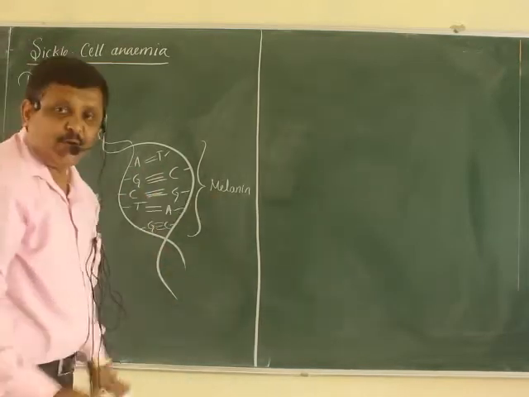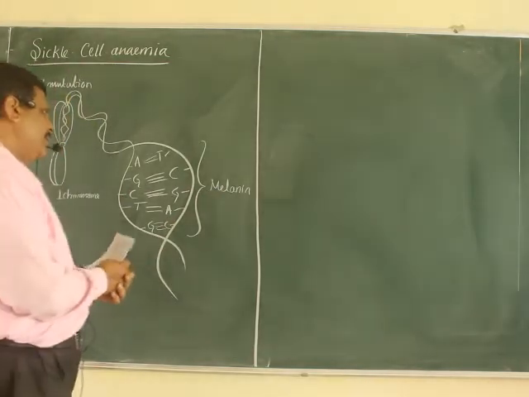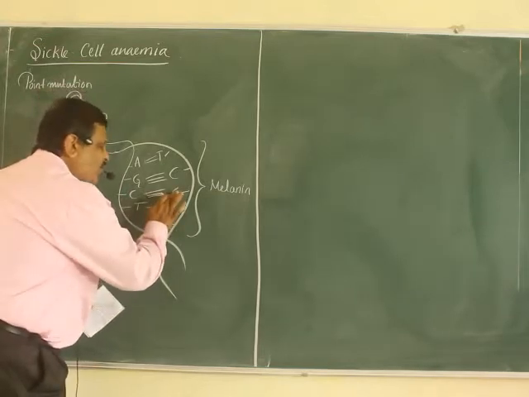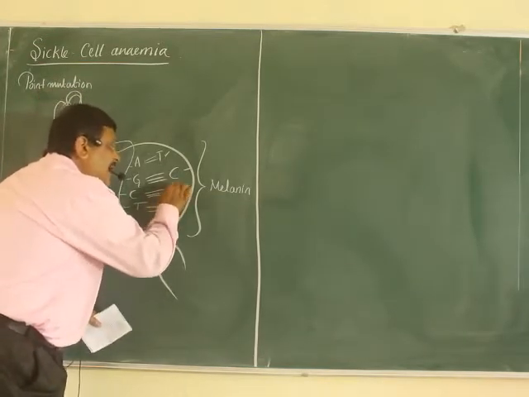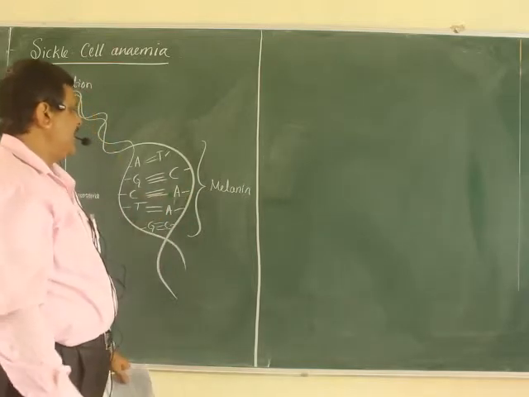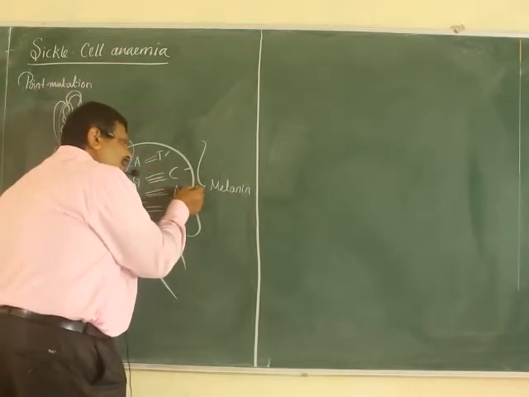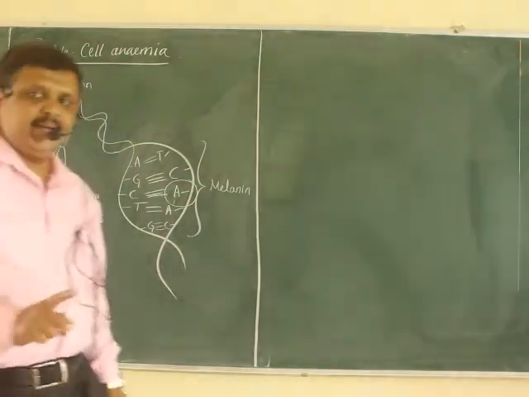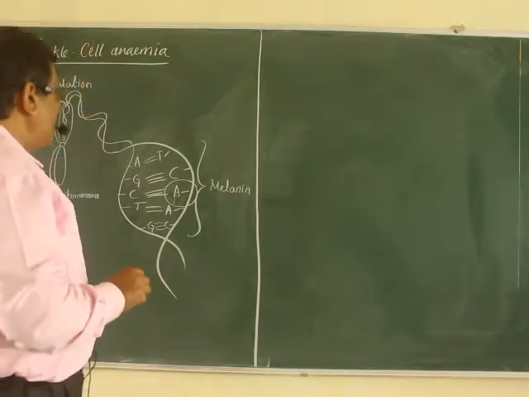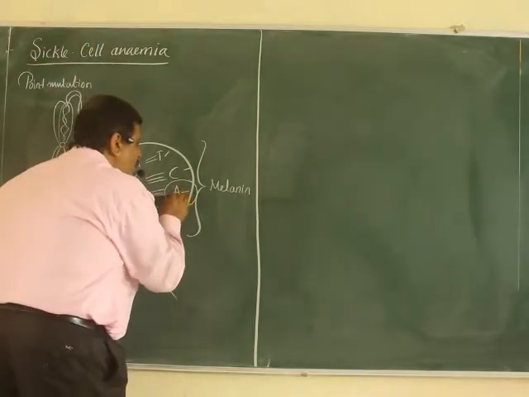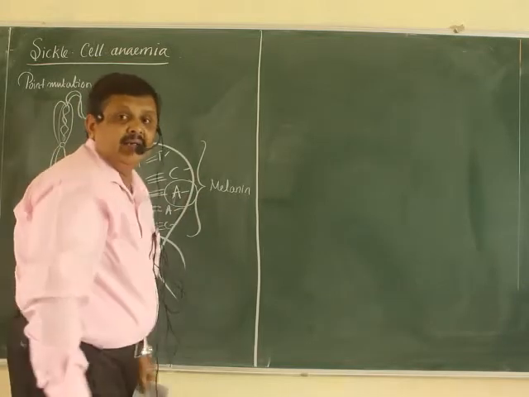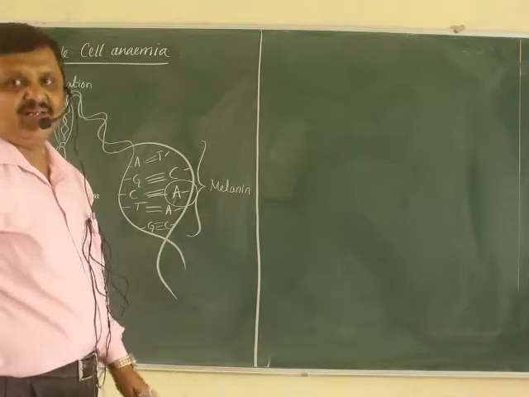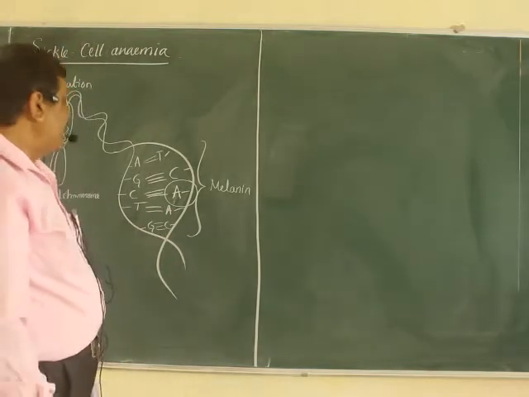So, melanin, if it is produced, suppose imagine during the time of production of gametes, instead of G, if A comes here, such that there is a change at one particular point, this type of change is called point mutation.